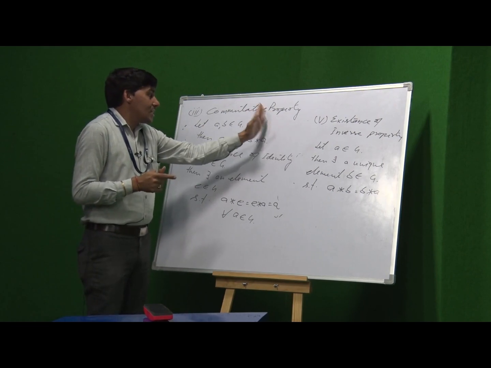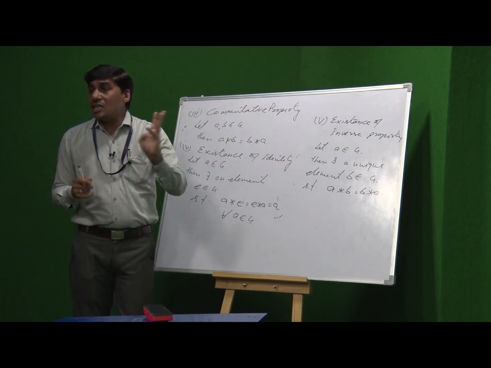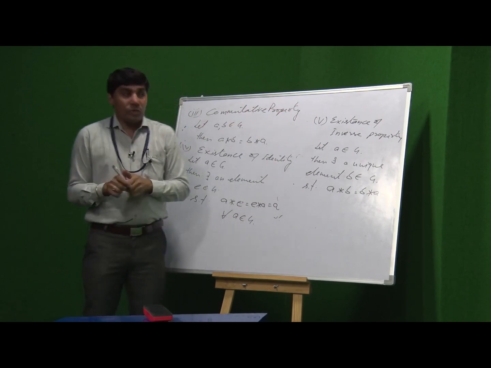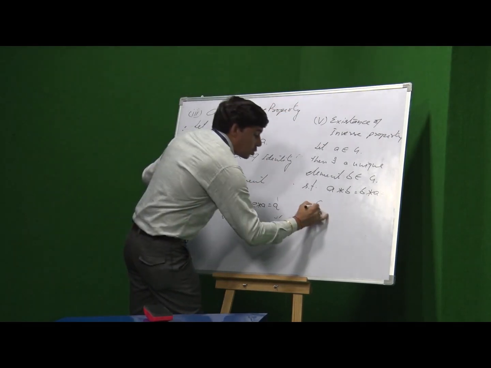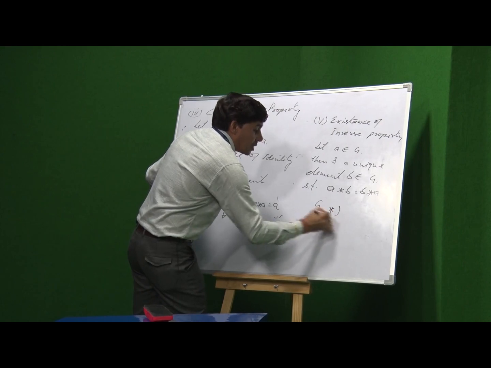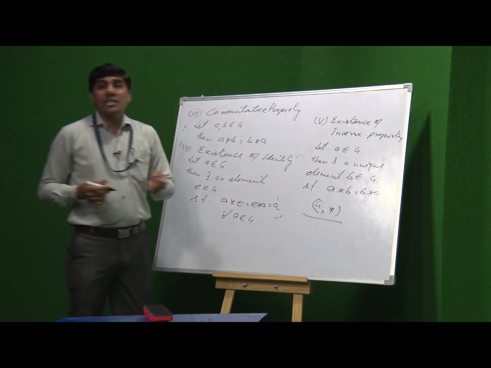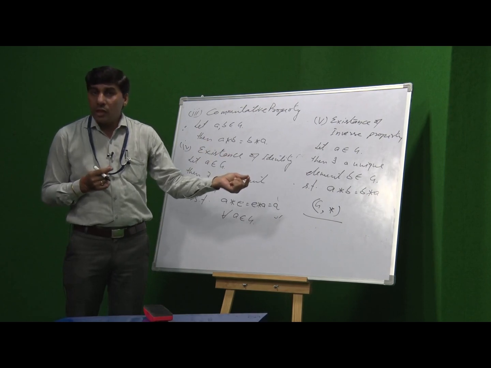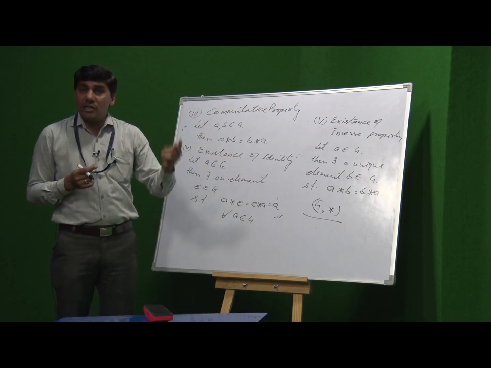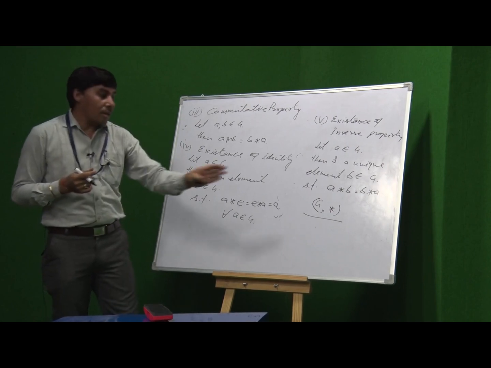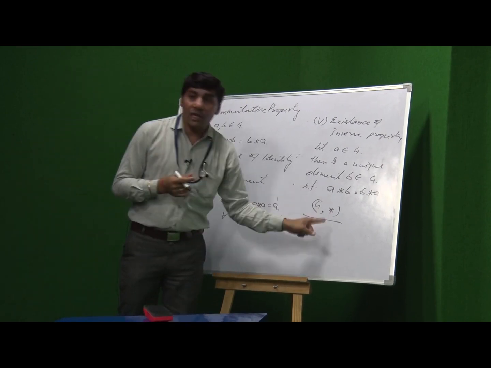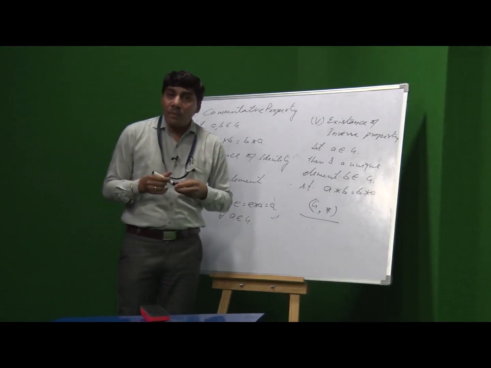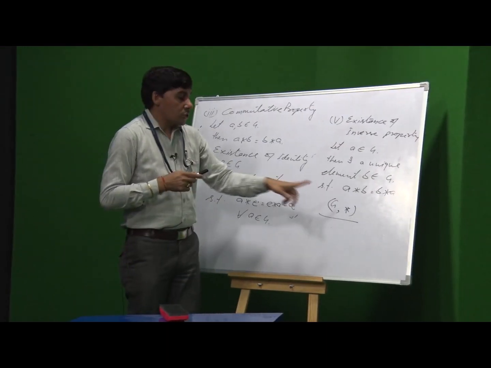We discussed that G is a non-empty set and star is a binary operation on G. Then combining these two, (G, star) is known as an algebraic structure of the set G.